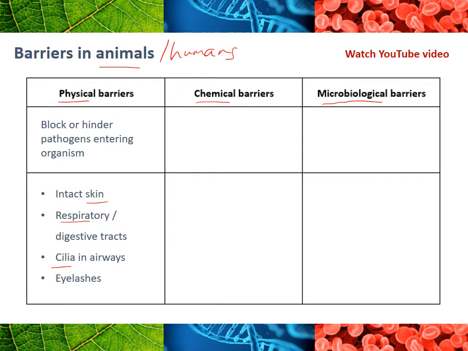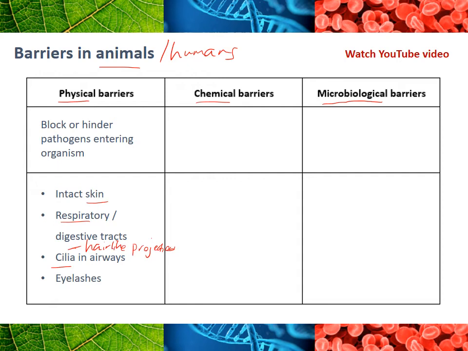Cilia, these are kind of like tiny hair-like projections. So they're not actually hair, but they're tiny, tiny folds, about the same size of hairs, particularly in your airways, so in your nose and then down into the trachea.